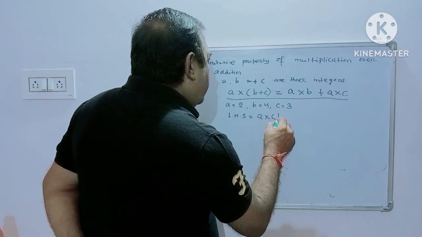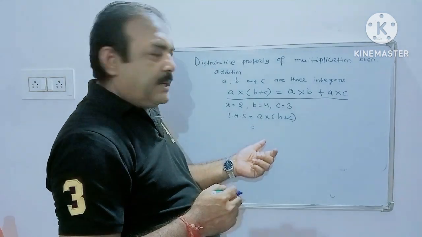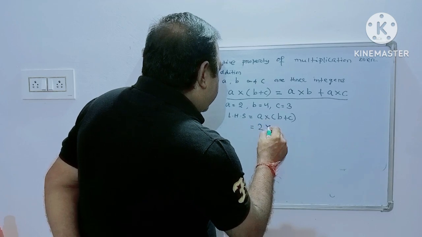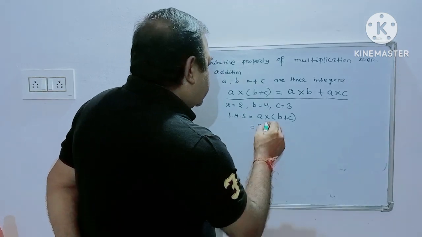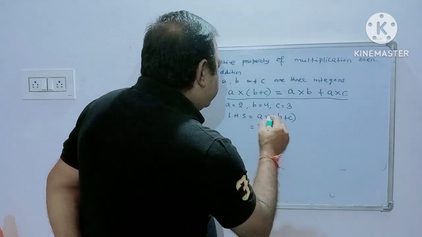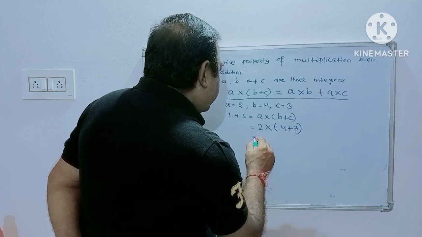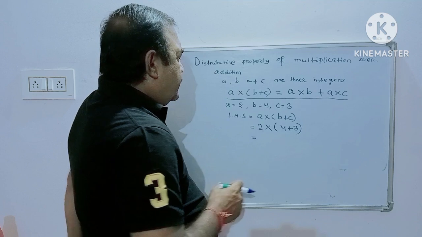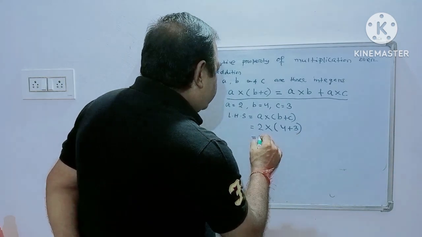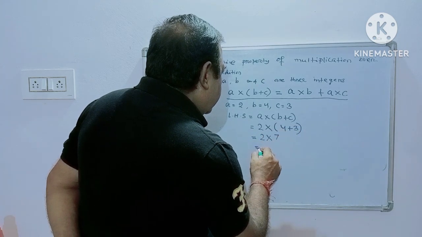A whole into B plus C. That is equal to, in place of A, you write 2, then the sign of multiplication, then you start the bracket: 4 plus 3. So we will have to solve the bracket first. 2 into 4 plus 3 is equal to 2 into 7, that is equal to 14.